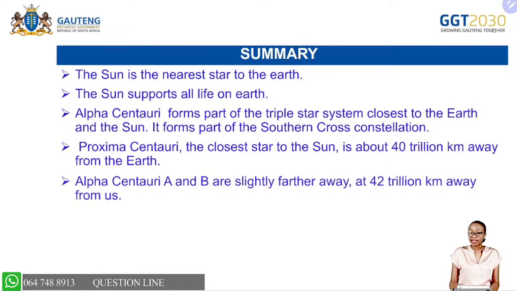So if you can, at home, write 40 trillion in number form and 42 trillion kilometers in number form. You can also try and convert these distances to miles. You just need to multiply 40 trillion by 0.62 and 42 trillion by 0.62 as well. Then you will get miles.